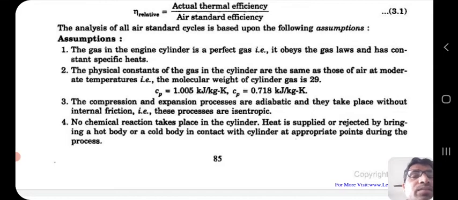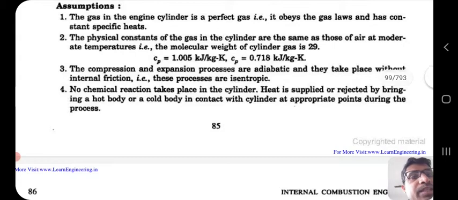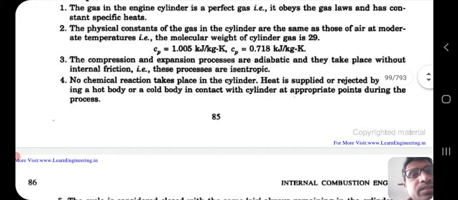The analysis of air standard cycle is based upon the following assumptions. The gas in the engine cylinder is a perfect gas. It obeys the gas laws and has constant specific heats.